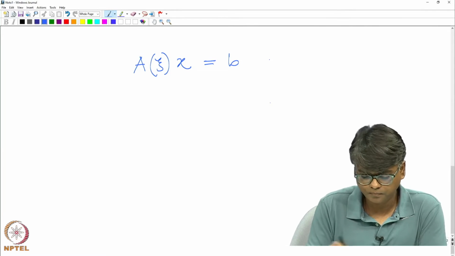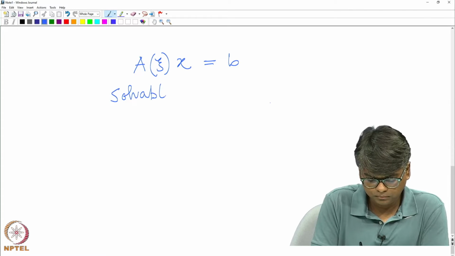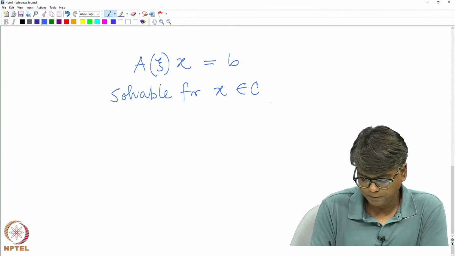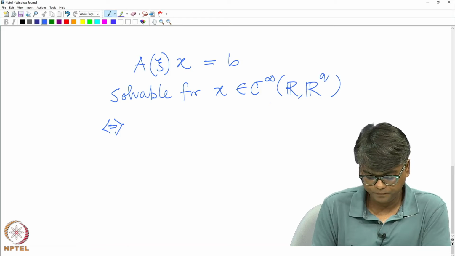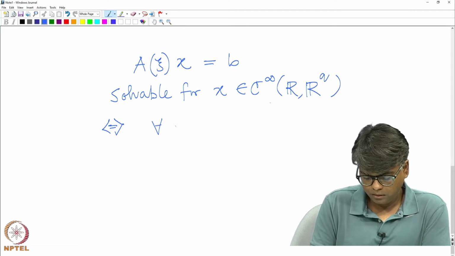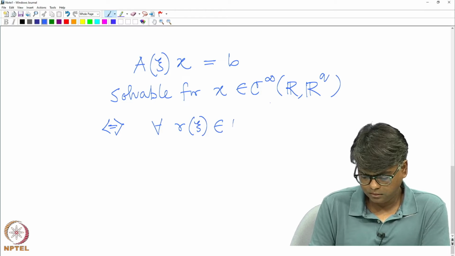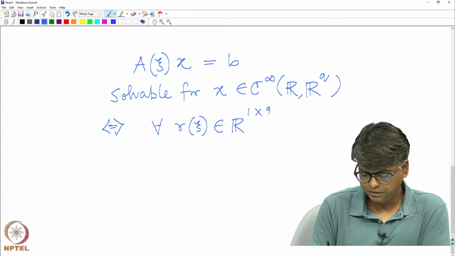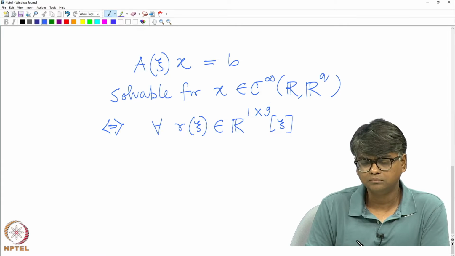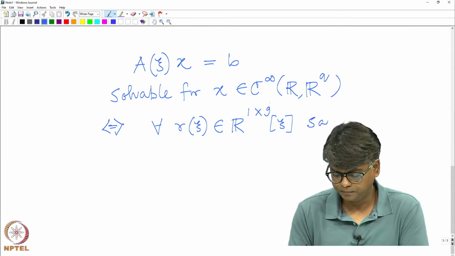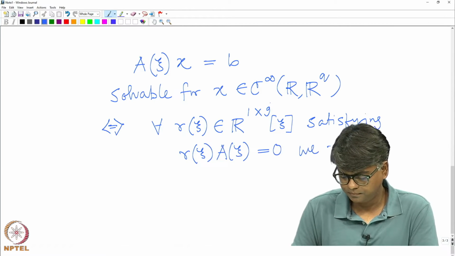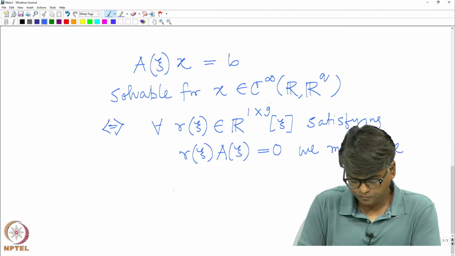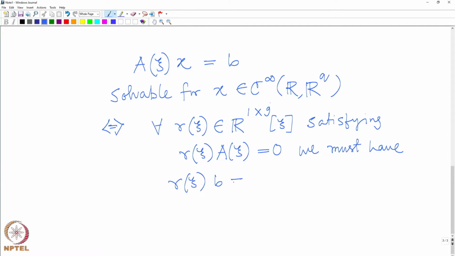It is solvable for x in C infinity if and only if, now see, for all polynomial vector of size 1 cross G, you see it is a row vector, for all R xi satisfying R xi A xi is equal to 0, we must have R xi acting on B equal to 0.